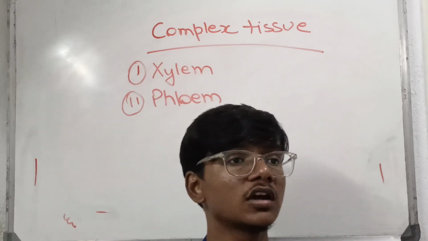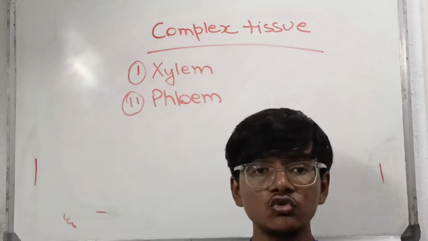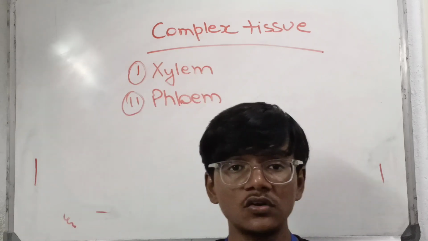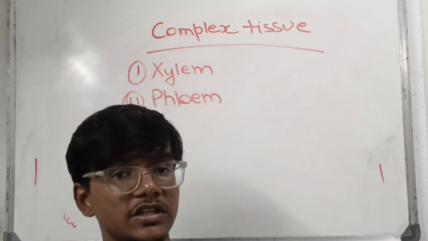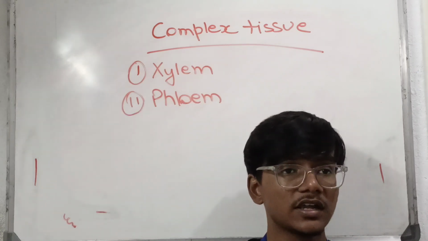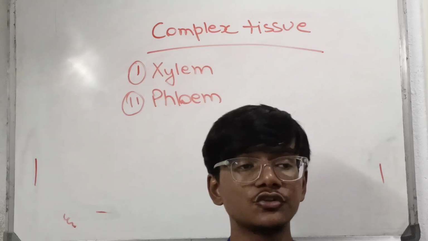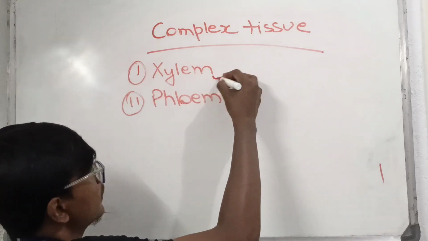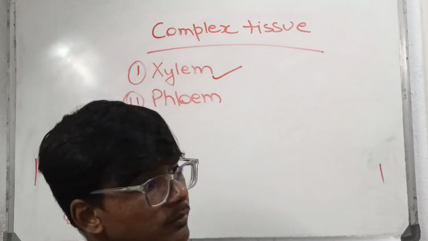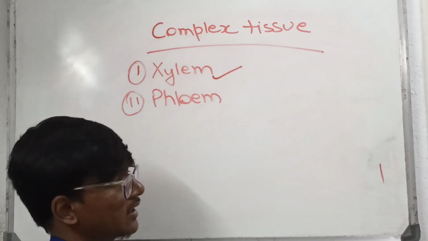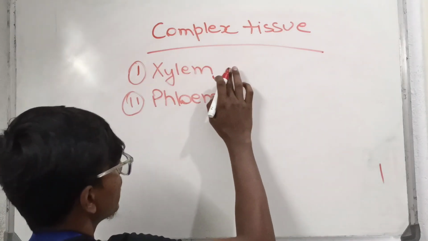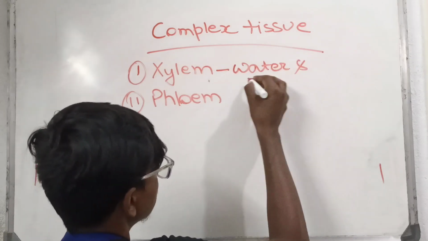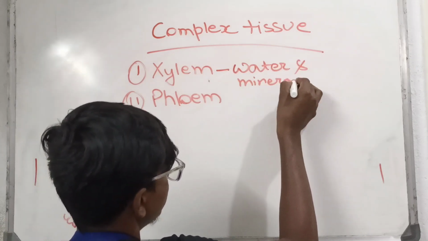We provide water to the root of the plant, and the soil contains the minerals. From the root, it carries the water and minerals to all the other parts of the body. This is the main function of xylem: the transportation of water and minerals from the root to other parts.